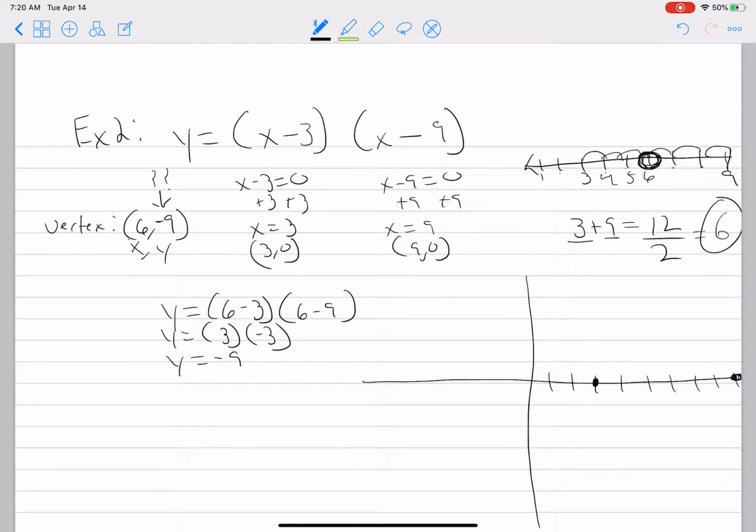We have a vertex at x is 6, and y is negative 9. Look at that. Notice I'm labeling that negative 9.